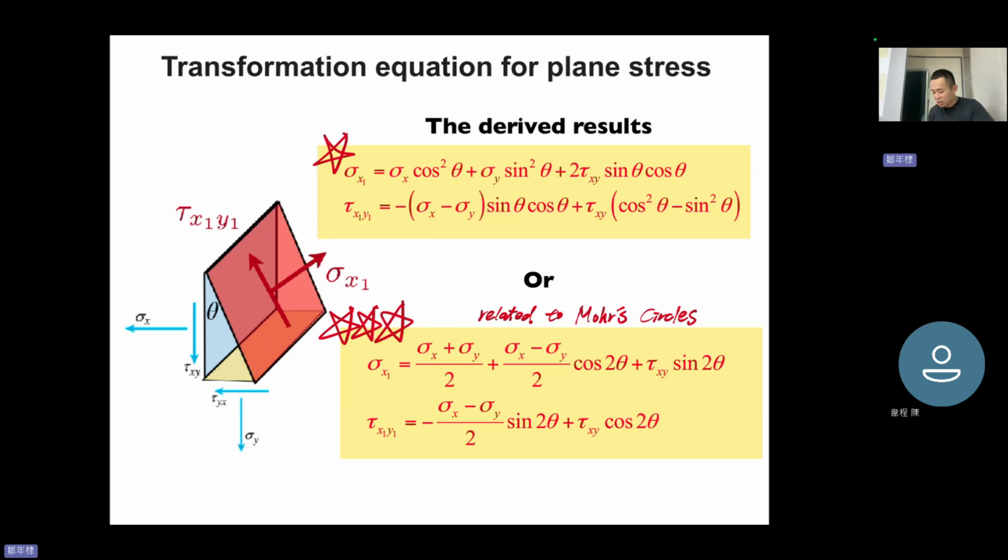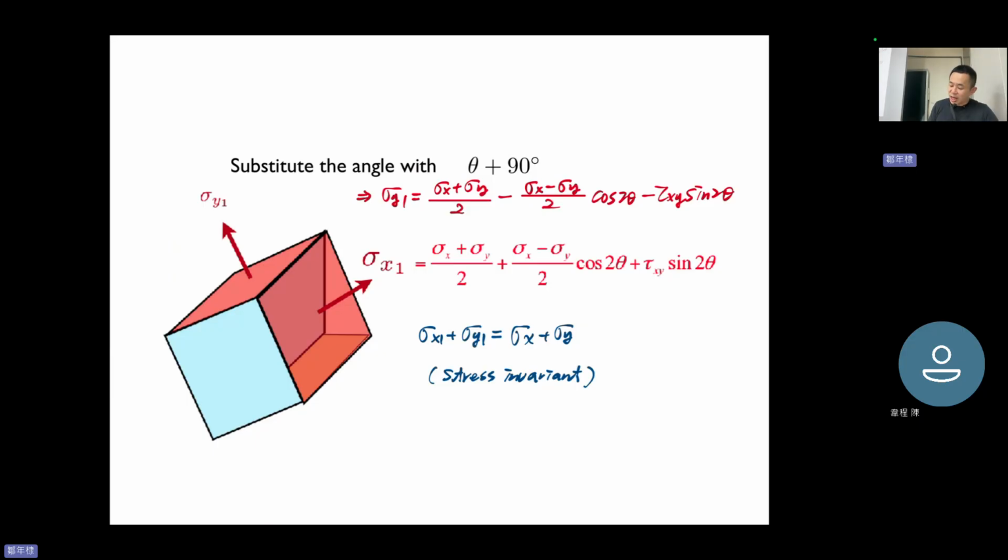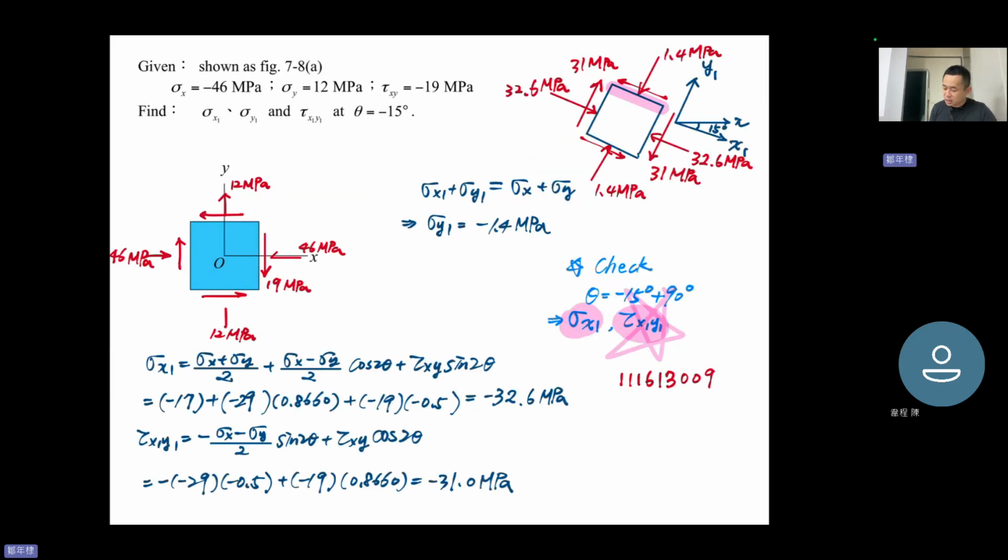Just substitute all these three known values, and then you can get the new coordinate components. And because it has cosine and sine, it has a maxima or minima. Oh, sorry, I should mention this is also a typical problem in chapter 7.